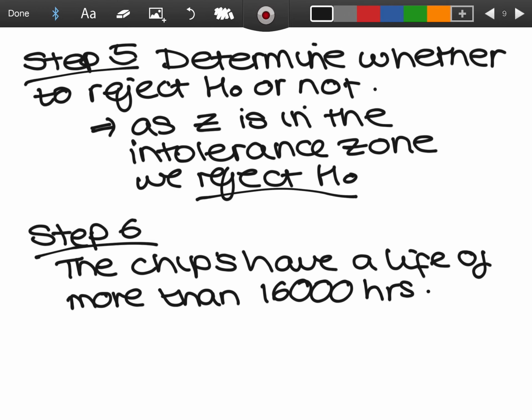So mu0 is going to be 16,000. Your population standard deviation in this case was 2,500. X bar is the sample mean. So in the sample, we had a mean of 16,200, I think. Yeah, 16,200. Okay. N, the sample size, is 1,000.